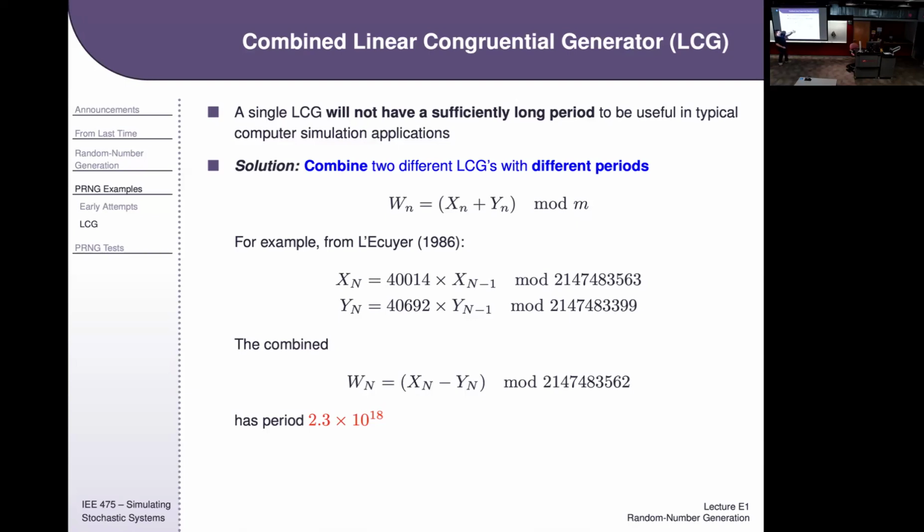How you find these really good combined ones is not necessarily trivial. Once you have this, you save it, you encode that into MATLAB, and then in MATLAB, under the random number generator, there's a parameter where you can tell it to use that as its random number generator. Exactly figuring out what form, modulus, and CLCG is kind of proprietary info, but the basic structure is addition or subtraction between two.